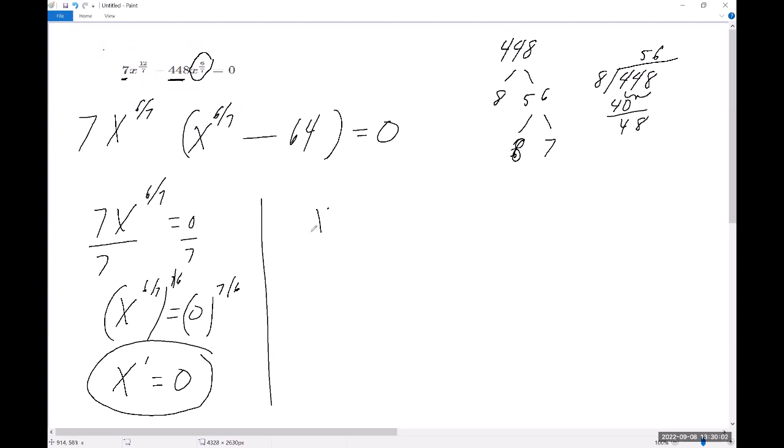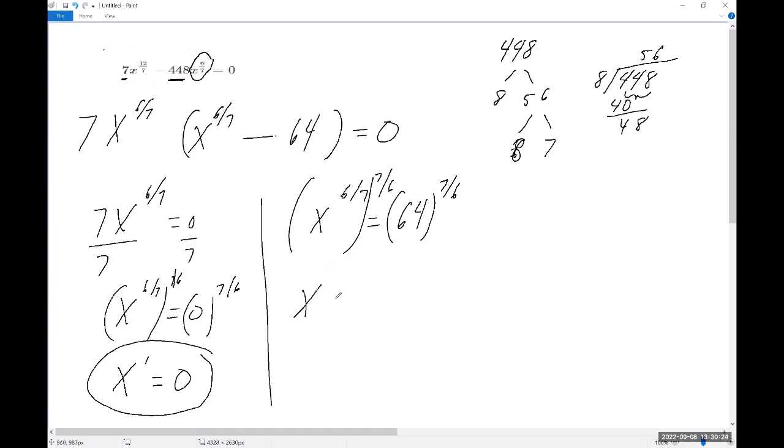On the other side, we have x to the 6/7 is equal to 64, because I move this over, and I raise this to the 7/6.